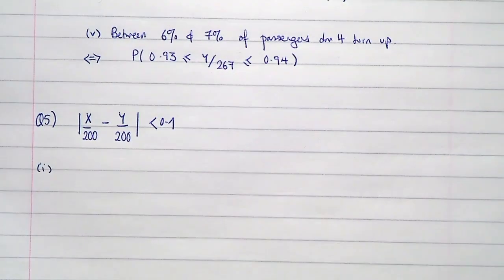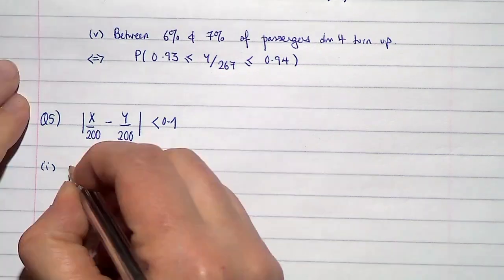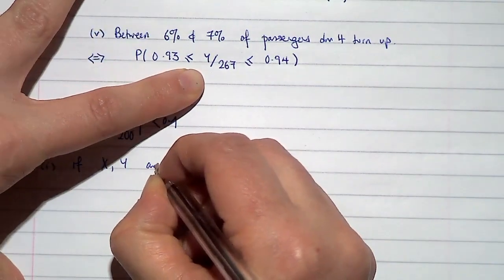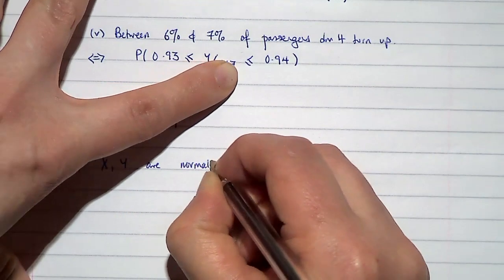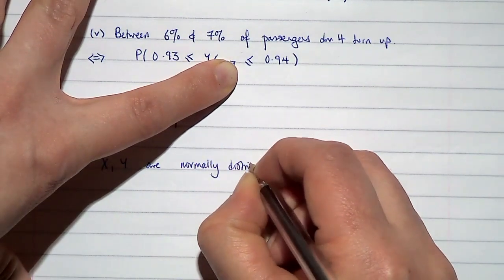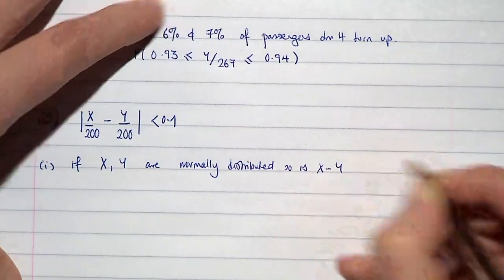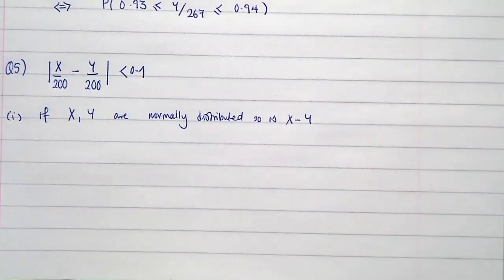The first one is, if x and y are normally distributed, then a linear combination of them is also going to be normally distributed. So x minus y, or x plus y, or x plus 3y, or whatever, all of them are going to be normally distributed.